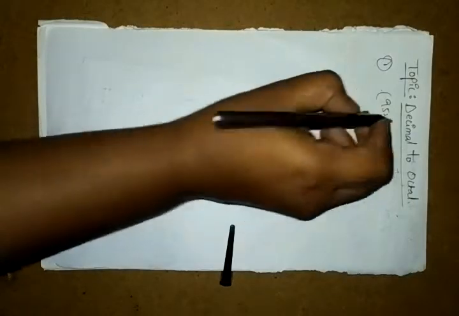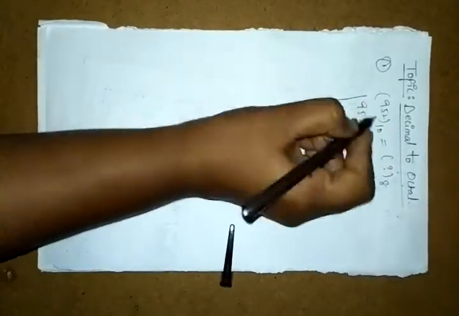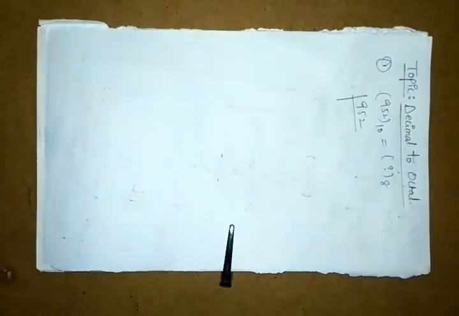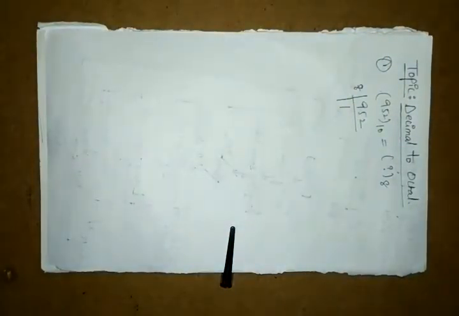I'm taking 952. This 952 will be divided by 8. 8 ones are 8, and we are left with 1, so we have 15.